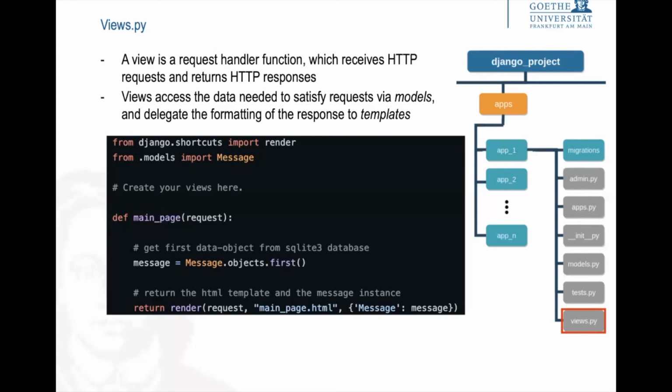And after that, the main page function will be called and will perform here a read operation of the data model, and then send this instance of the data model together with the request and the HTML template back to the client.